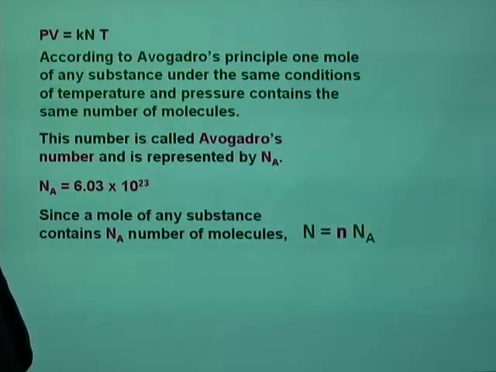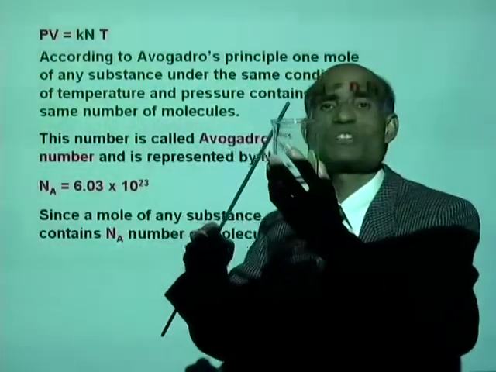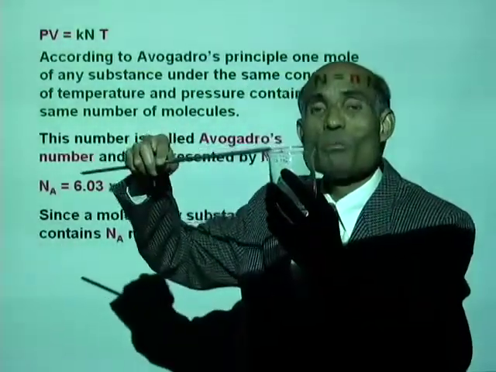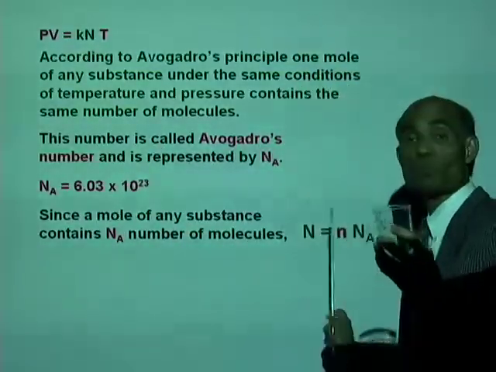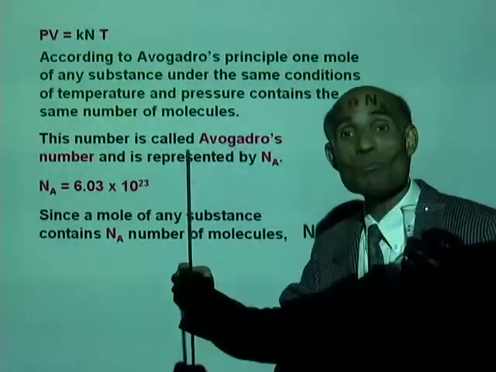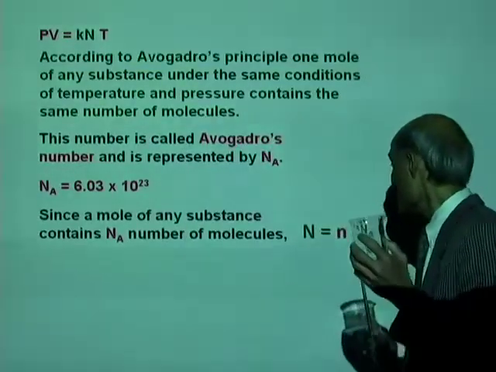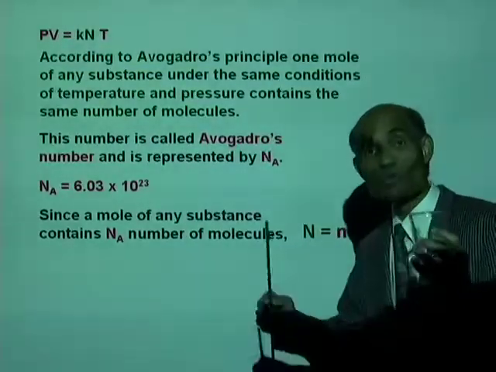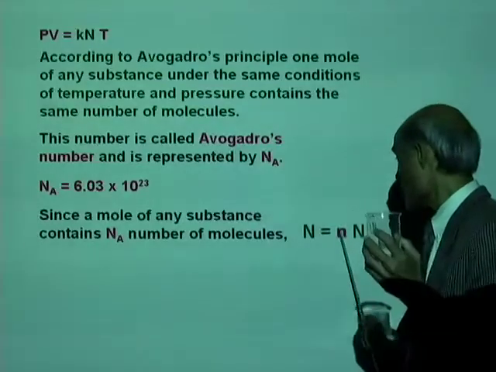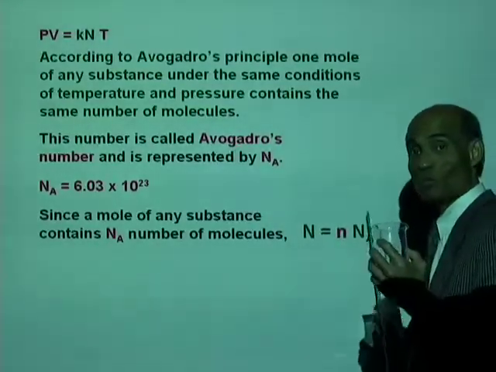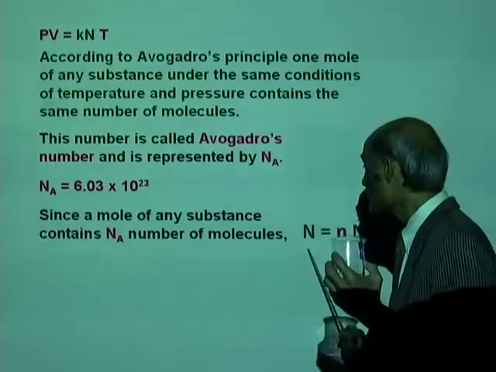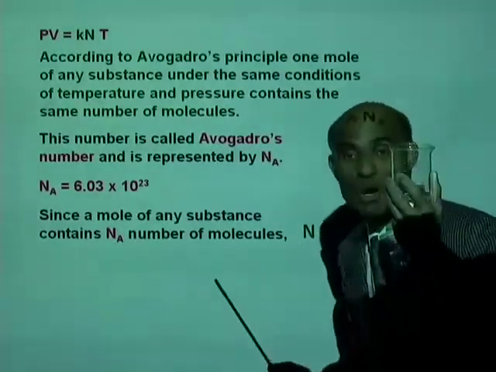So, if you have taken a certain amount of gas inside this container, the number of moles of gas multiplied by the number of molecules per mole. You see, Na is the number of molecules per mole. So, number of moles multiplied by the number of molecules per mole will give you the total number of molecules in your sample.